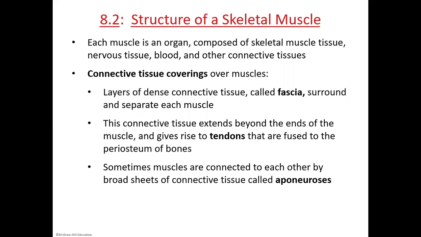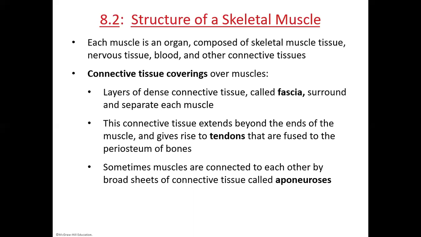It's dense connective tissue, and we call it the fascia. It surrounds and separates each separate muscle, because many muscles do overlap with one another, and they touch other muscles and they contract separately. But if this fascia weren't here, when the muscles moved, they would cause friction on one another, and skeletal muscle is actually very delicate, so the fascia helps to protect it.